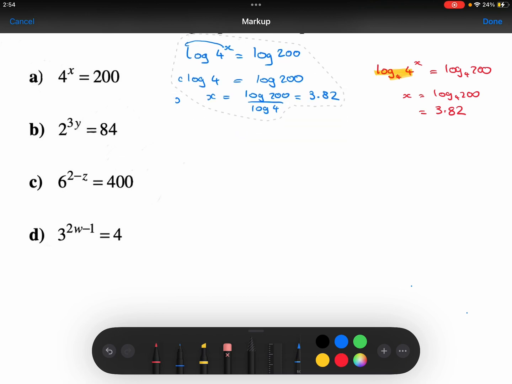Part B. Again, I'll show you both methods here. So, first method, I will take log of both sides. So log of 2 to the power 3y is equal to log of 84. I will use the laws of logarithms to bring the 3y to the front.